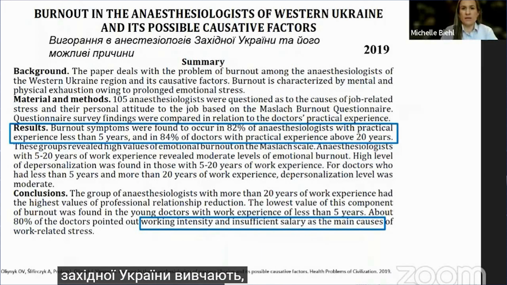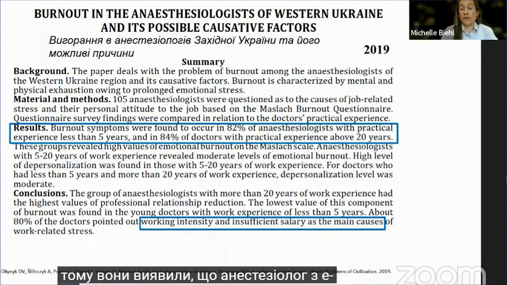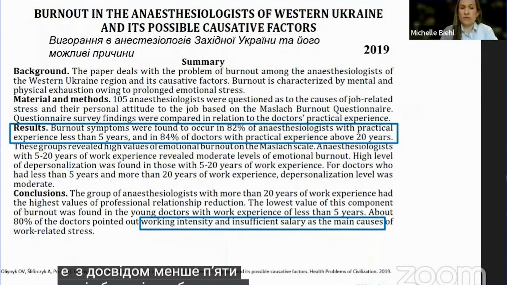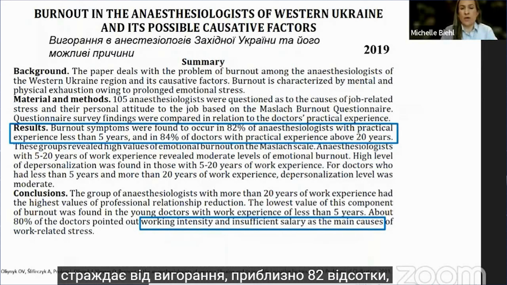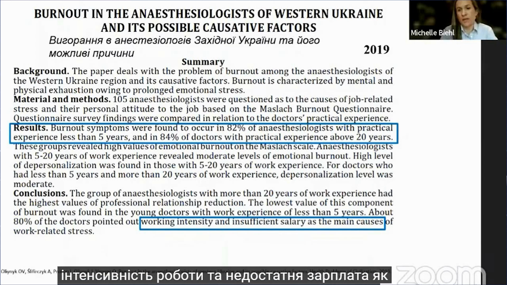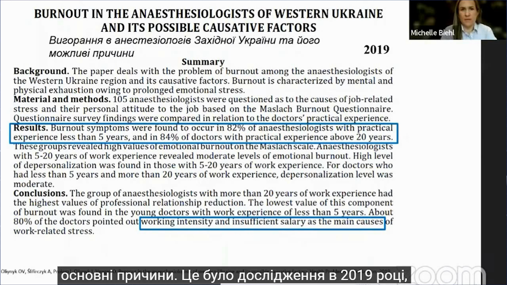They found that anesthesiologists with experience of less than 5 years suffered more burnout, about 82%. The driving factors were working intensity and insufficient salary as the main causes. And this was a study in 2019, so before the conflict.